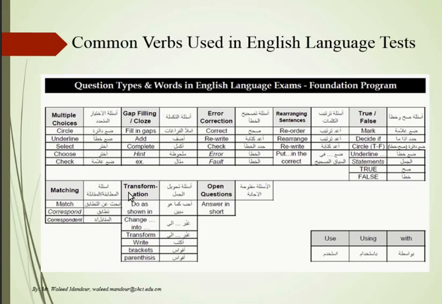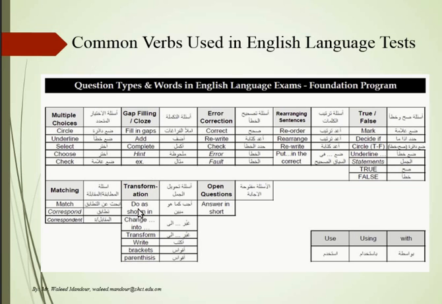Transformation question. This is another type of question that usually comes in grammar questions and grammar tests. Here you are asked to change the sentence from one type to another, from statement to a question, or from question to a statement.